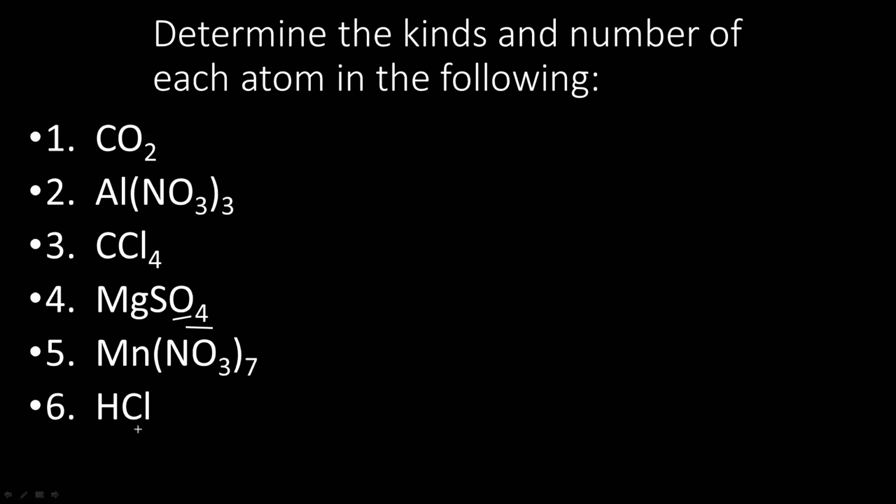Or like, how many hydrogens are in hydrochloric acid, guys? Yeah. So we got super easy, or some of them are totally weird. Now you got to look at it and think, all right, maybe I need the calculator for that. And that's how our math is going to go in chemistry, one way or the other.